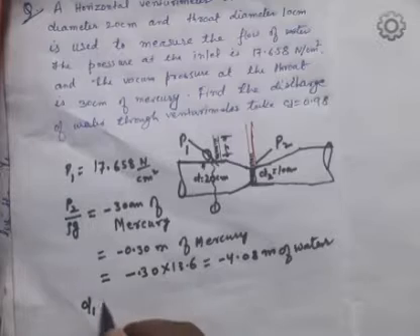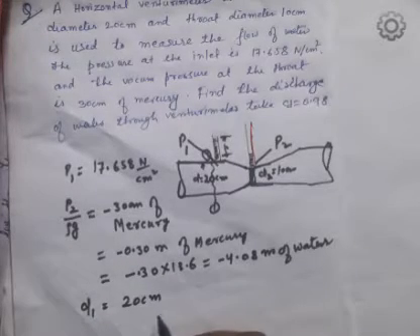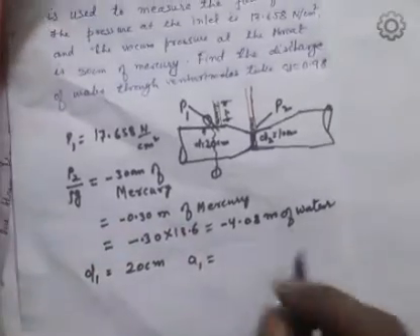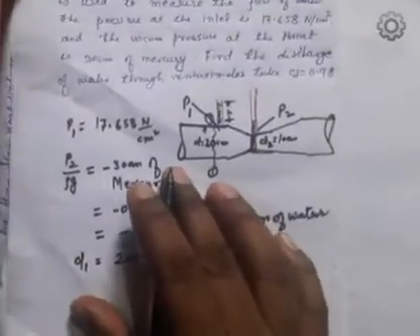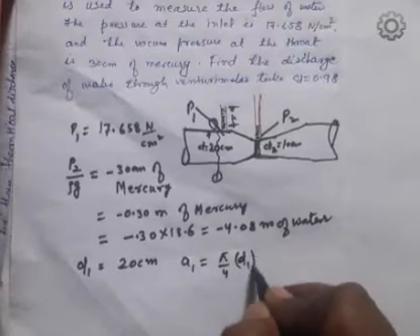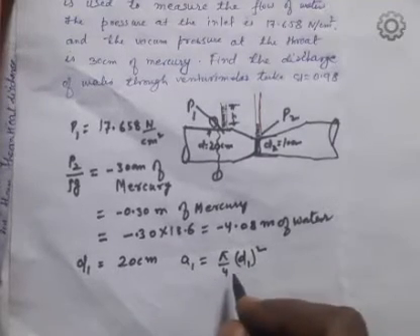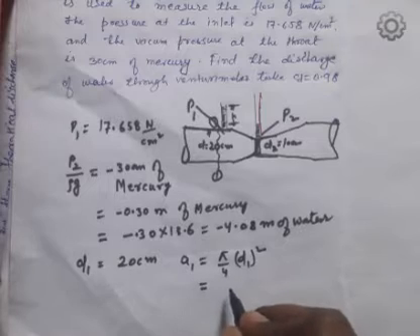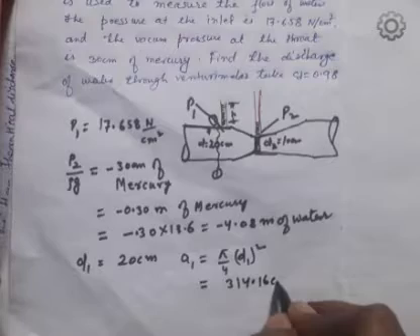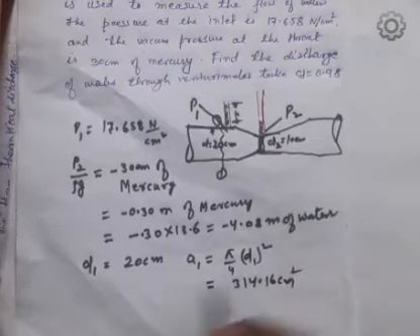D1 is given as 20 centimeter. So A1 is pi by 4 D1 square. By putting this, we get the area 314.16 centimeter square.